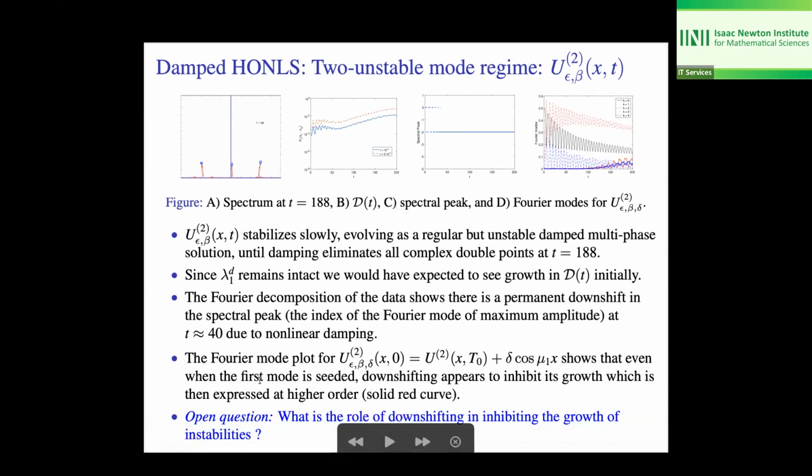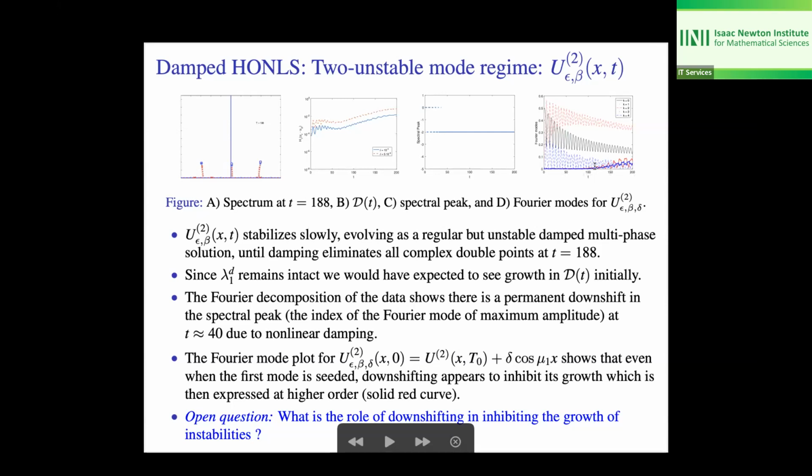So the Fourier mode plot for U2, this is a perturbed initial data. So this is actually the initial data for U2 plus delta cosine mu 1x. In this Fourier mode plot for this initial data, it shows that even when the first mode is seeded and you've put in this perturbation related to the first mode, downshifting appears to inhibit its growth, which is expressed at higher order.